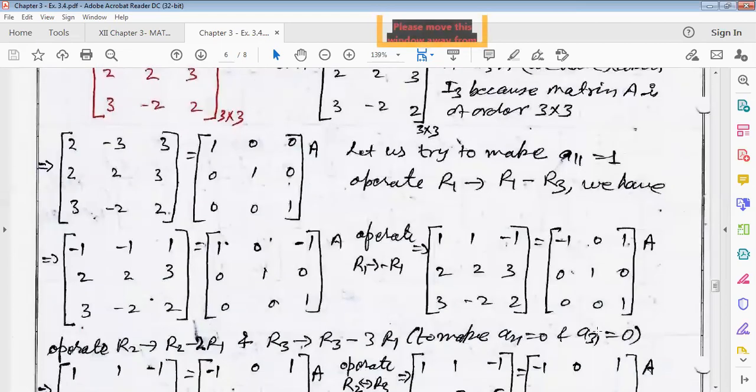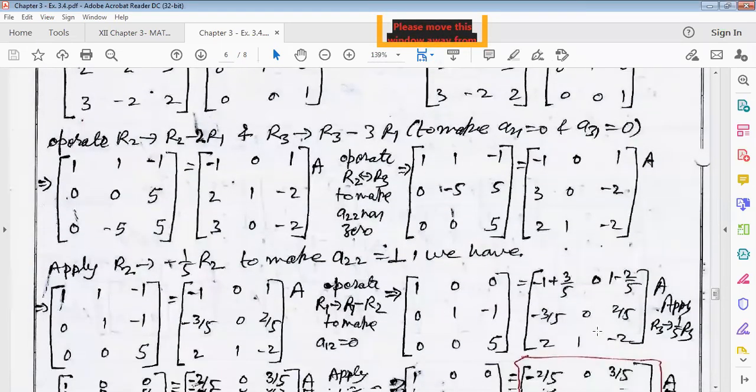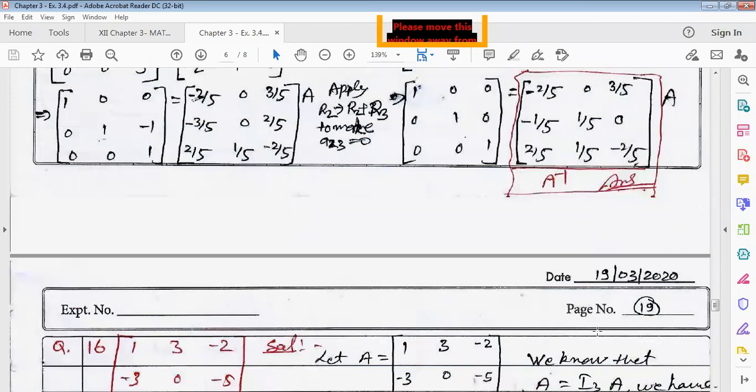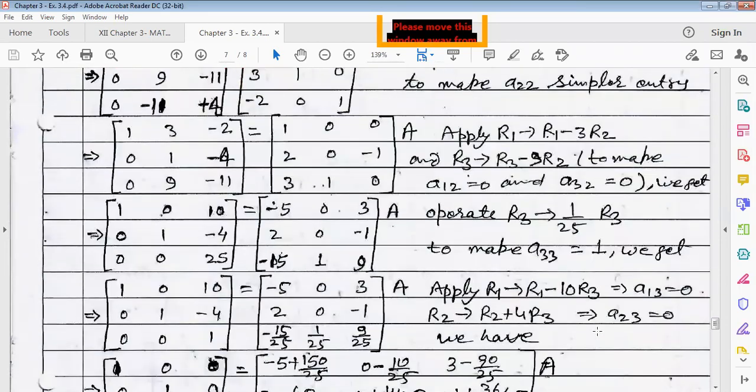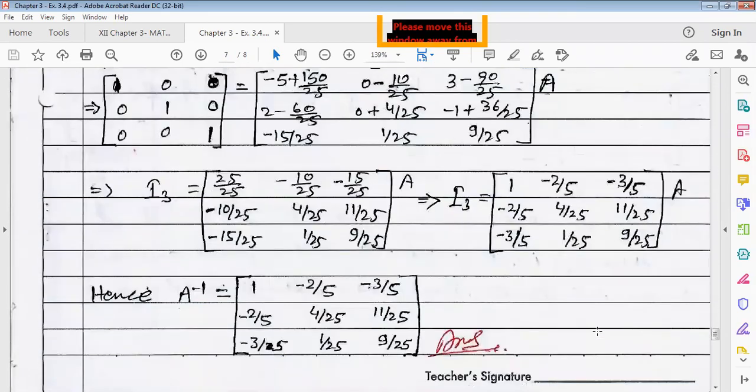In all these questions, we have to apply the row transformation to find the inverse of a matrix, using row transformation or column transformation.